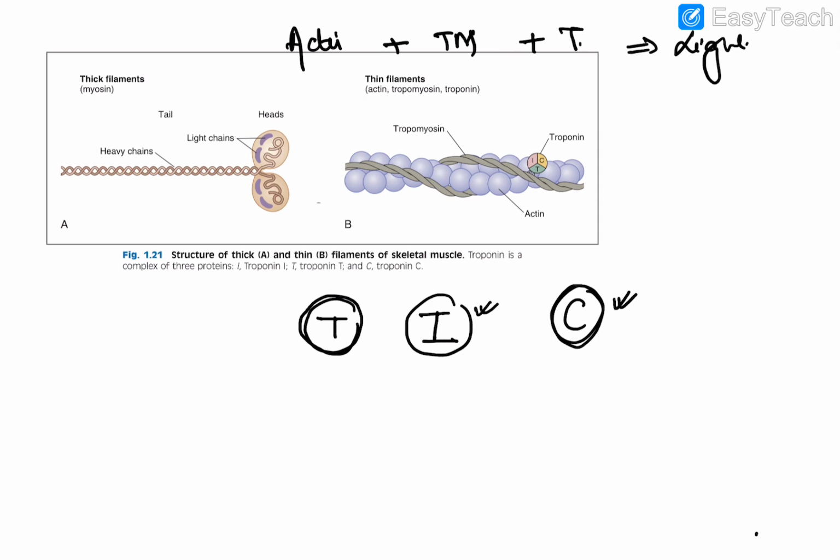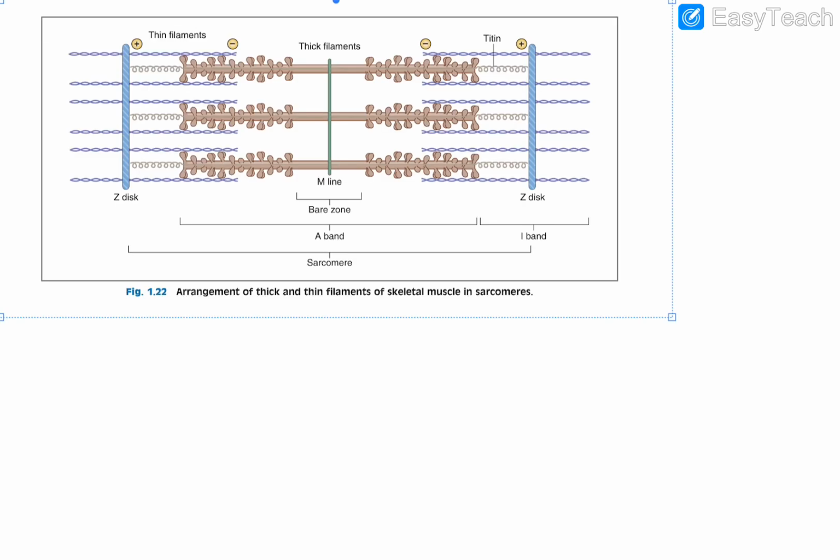Now let us see how a sarcomere looks microscopically. We can see that in the sarcomere, there are two vertical blue lines.